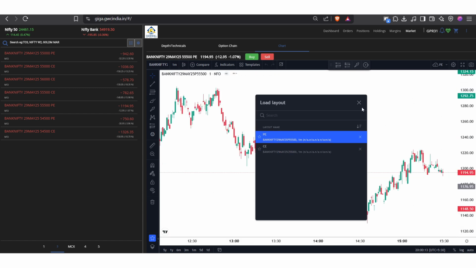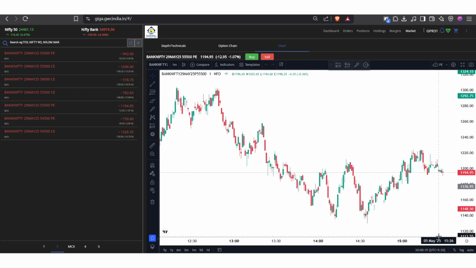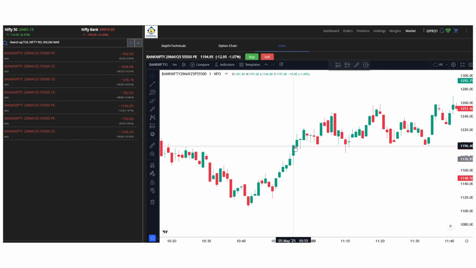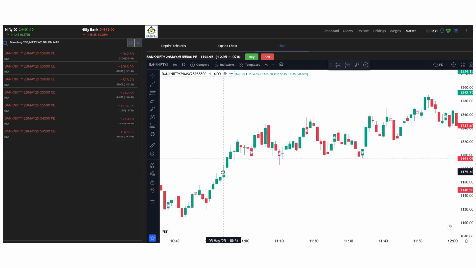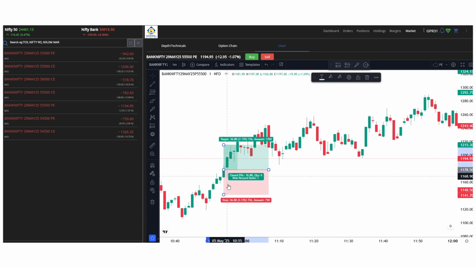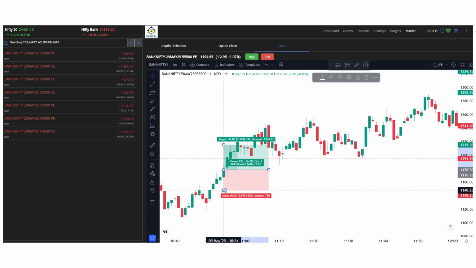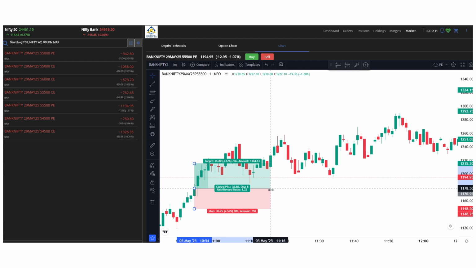If I go to my 55,000 put option here, as you can see, the trade was generated at 10:54 when it was trading somewhere close to 1175, right? And we obviously, as usual, place a 30-point stop loss. Very immediately, within 2-3 minutes, we've got our 1:1.